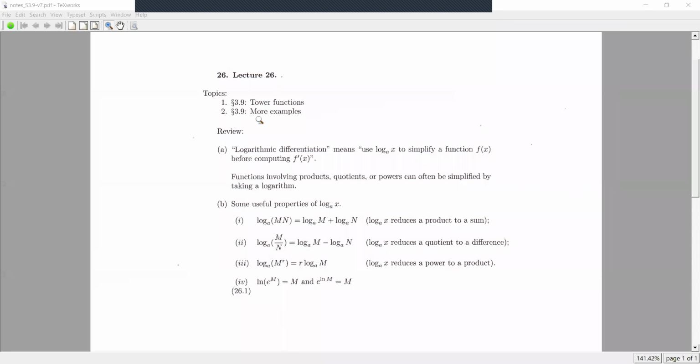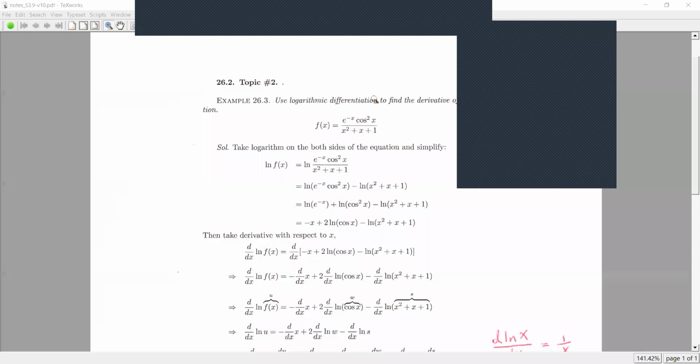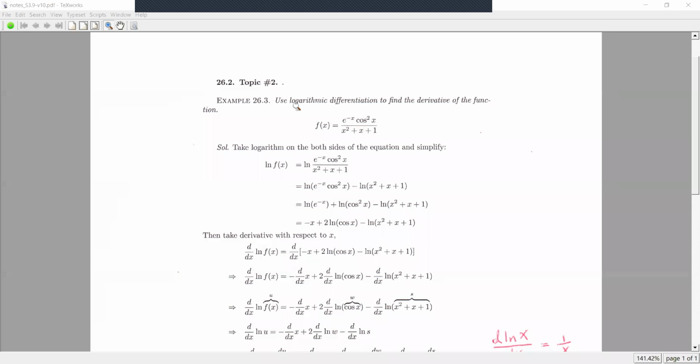Topic 2, more examples. Example 1, use logarithmic differentiation to find the derivative of this function. The standard solution to compute the derivative of this function is to apply the quotient rule first, because the function is a quotient.